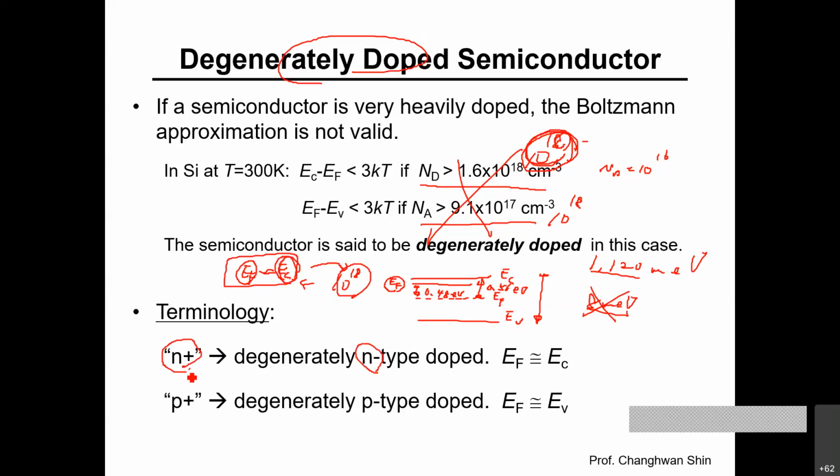N plus means it is very heavily doped. More quantitatively, if I'm saying this is heavily doped, you always come up with the number 10 to the 18. So 10 to the 18 is the criterion to determine if this semiconductor is heavily doped or lightly doped.